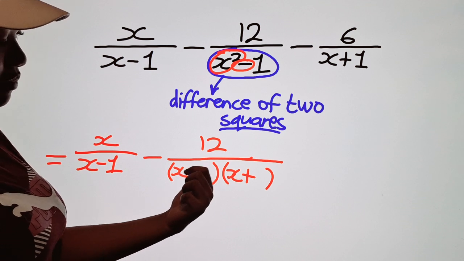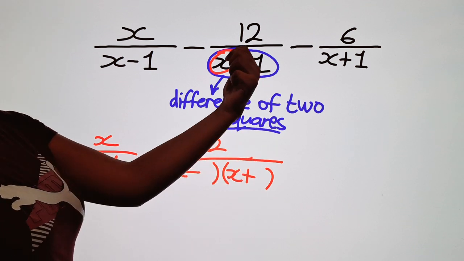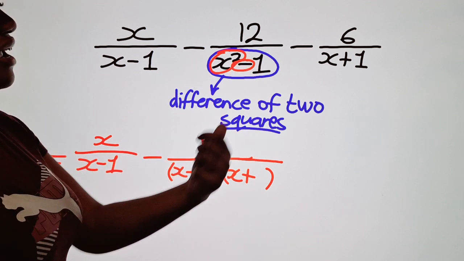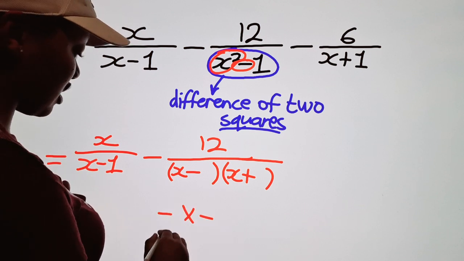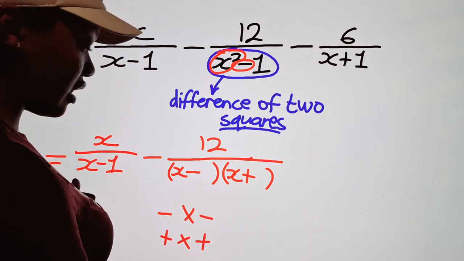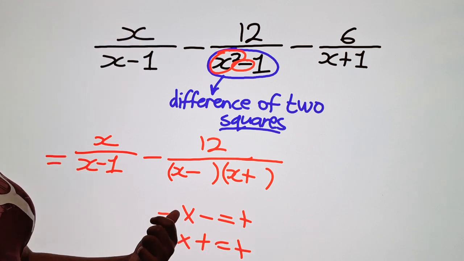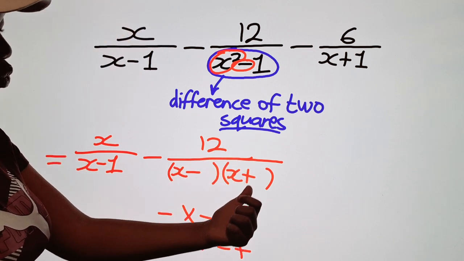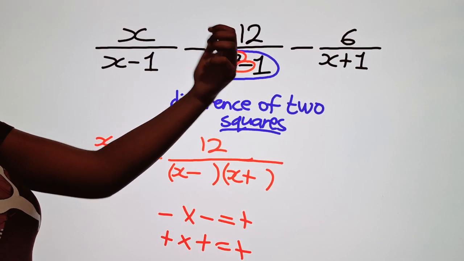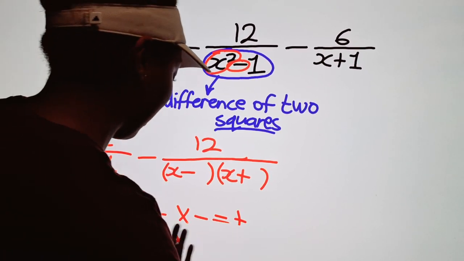You cannot write the same sign here and expect to get a negative. Because when you multiply the same sign, whether negative times negative or positive times positive, the answer will automatically be positive. So we need to write two different signs so that we can get a negative sign. Understood? Okay, I hope that is very clear.